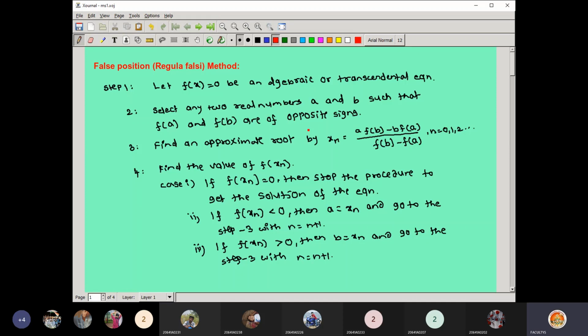Keep selecting the a and b values until they are of opposite signs.